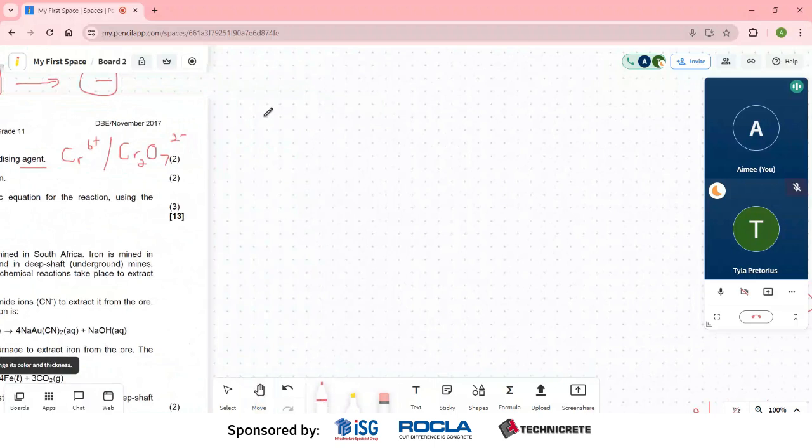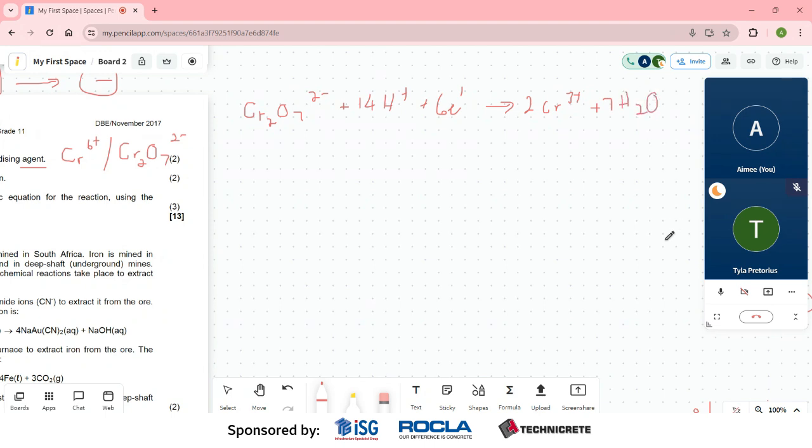So you already know that your reduction half reaction is Cr2O7 2 minus plus 14H positive plus 6 electrons gives you 2Cr3 positive plus 7H2O. Okay, so that's reaction number one.